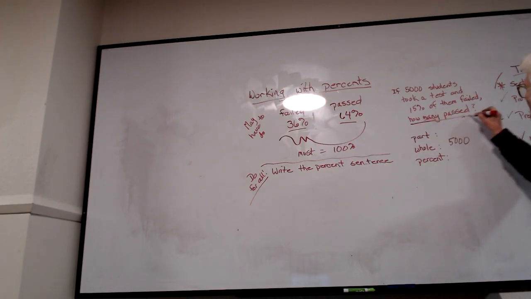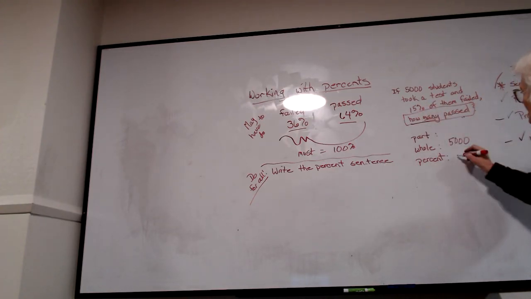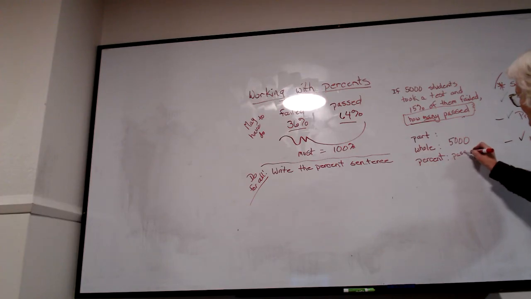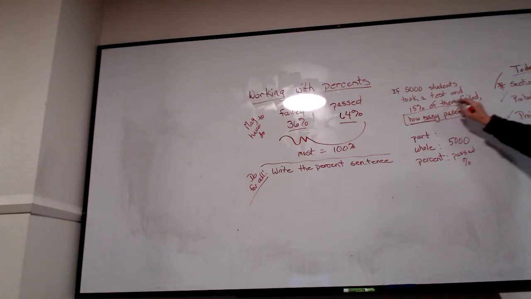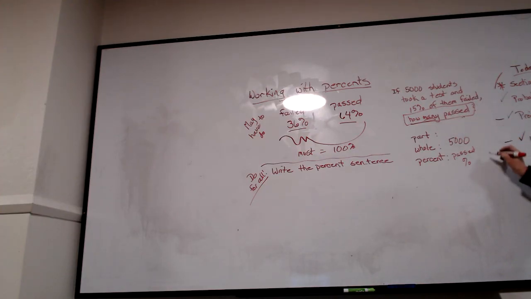So in this case, because I want to know how many passed, I need to know the passed percentage, and here's the failed percentage. To figure that out, I would take 100 minus the 15, and that would give me 85%, because this is the failed amount and this is the passed amount, because you either pass or you fail.